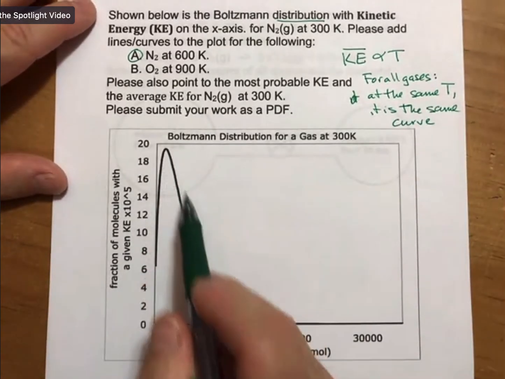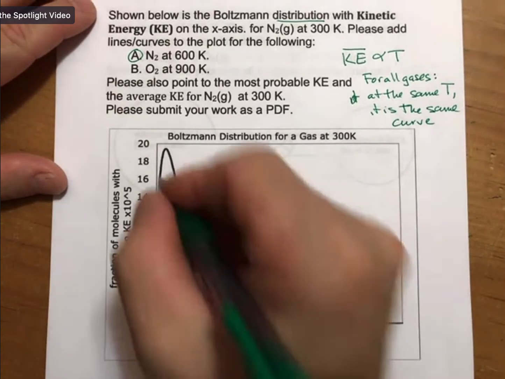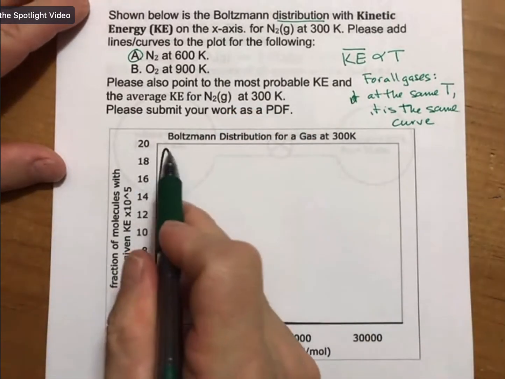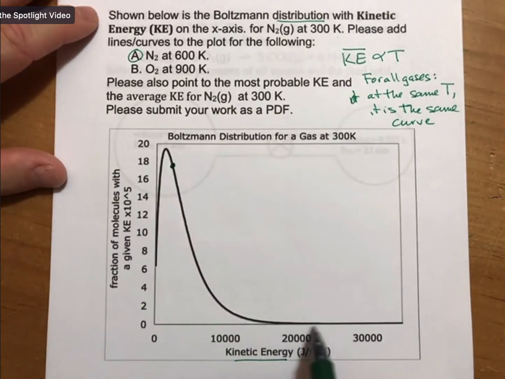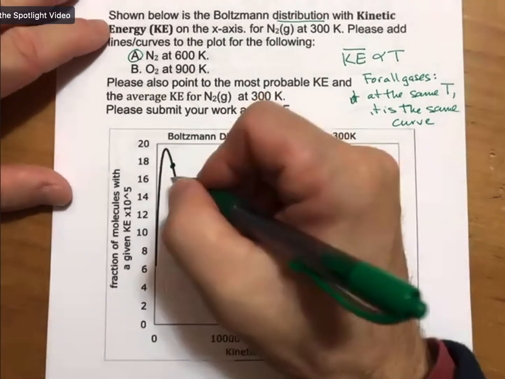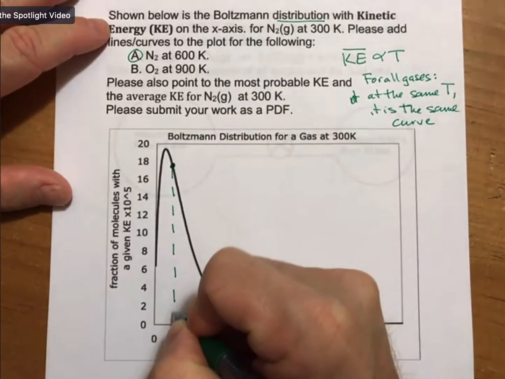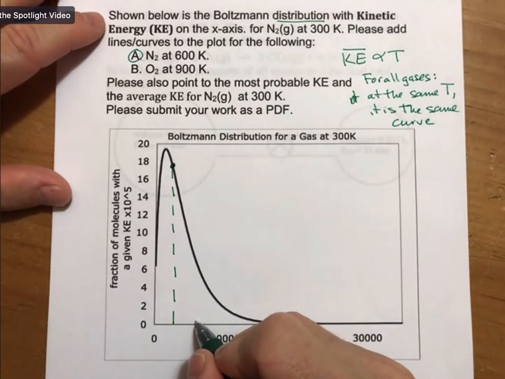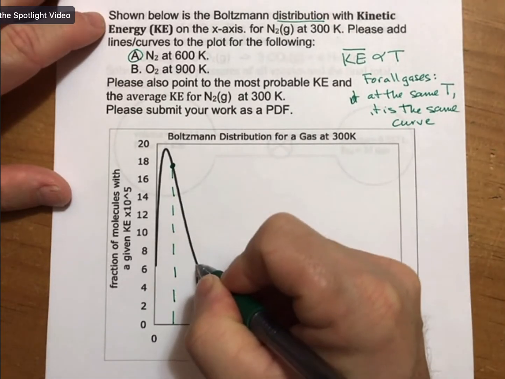If you were to average all the kinetic energies of all the molecules in this curve, it turns out that the average is right about there. It's a little past the hump, or the high point, and that's because there are some very high energy particles out here. So now, as best as I can, this is my 300 Kelvin one. I need to draw a 600 Kelvin one that doubles the kinetic energy at the average.